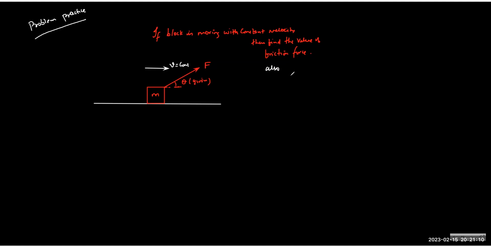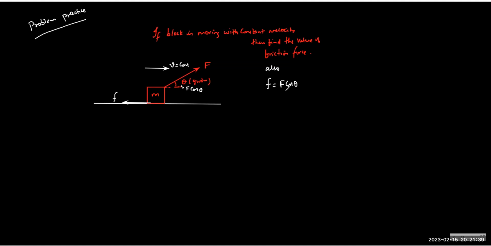Because to have no acceleration, net force is balanced. So the horizontal forces are only F cos theta and friction, which is kinetic friction in this case. So friction is F cos theta.